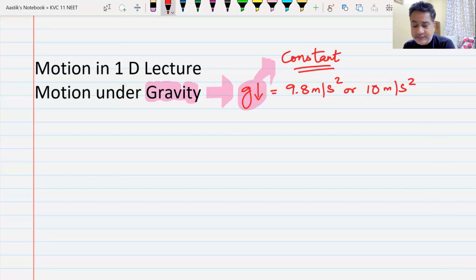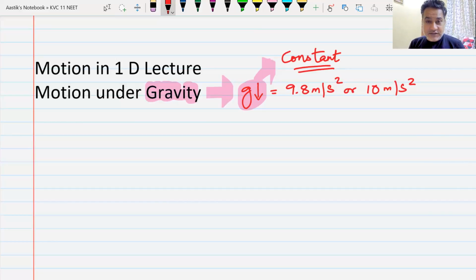Will you remember it now? Having heard about acceleration due to gravity today, on the 20th of October 2022 at 9:41 a.m., congratulations. Remember it, and it is always constant.